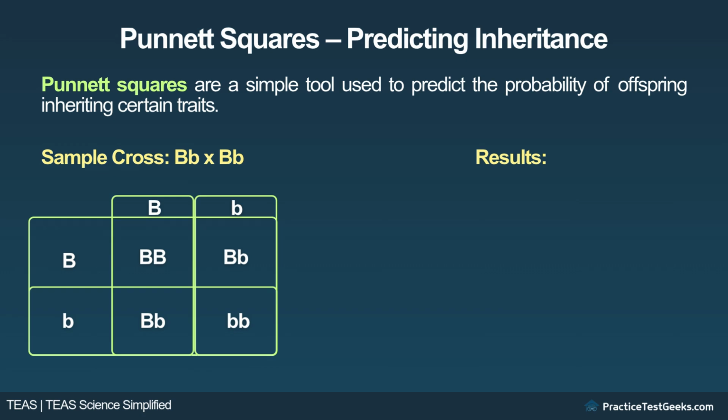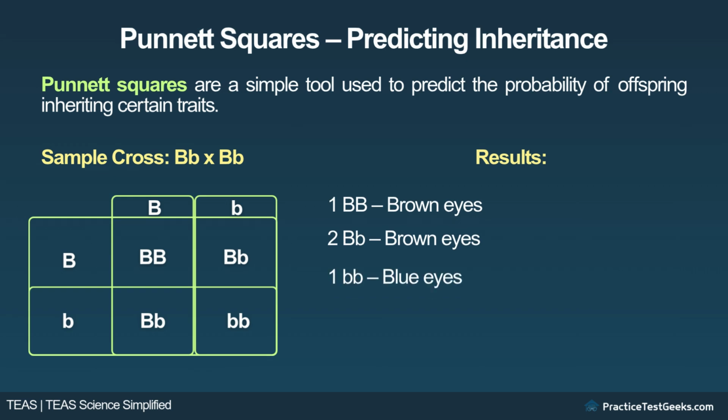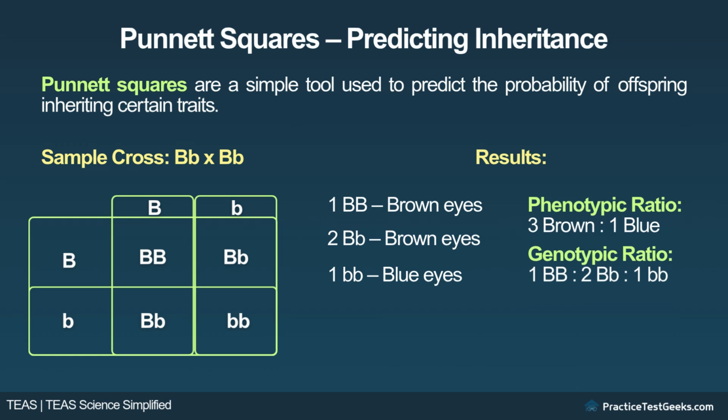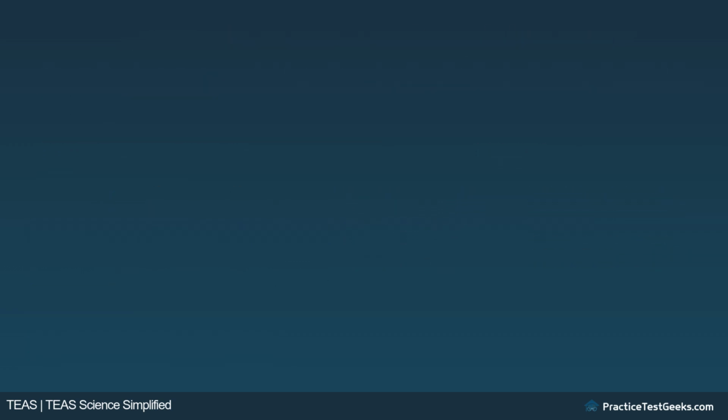Let's break down the results. 1 capital B capital B brown eyes, 2 capital B lowercase b brown eyes, 1 lowercase b lowercase b blue eyes. That gives you a phenotype ratio of 3 brown eyes to 1 blue eye, and a genotypic ratio of 1 to 2 to 1. You may be asked to interpret a Punnett square or calculate a percent chance of a trait appearing. Know how to set up and read these squares.